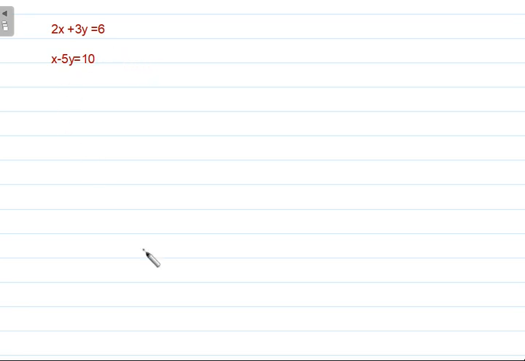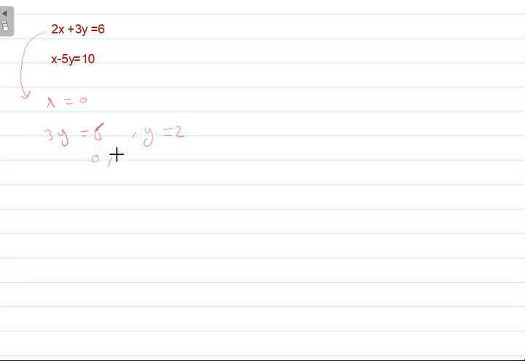This example here, the same. I need 2 points on each equation. 2x plus 3y equals 6. I will assume when x equals 0, 3y will be 6, then y equals 2.